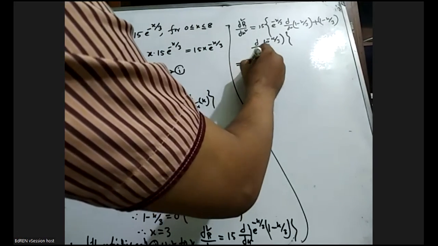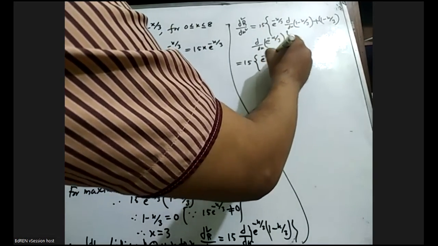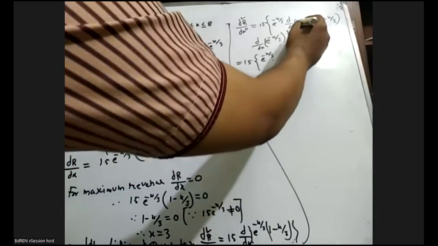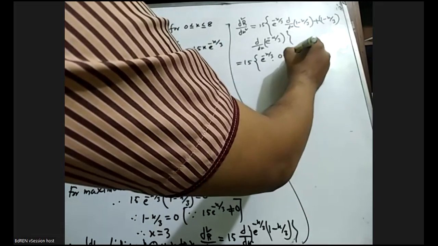So we get 15 e to the power minus x by 3. d/dx of 1 will be 0, minus x differentiation is 1, so the coefficient only.